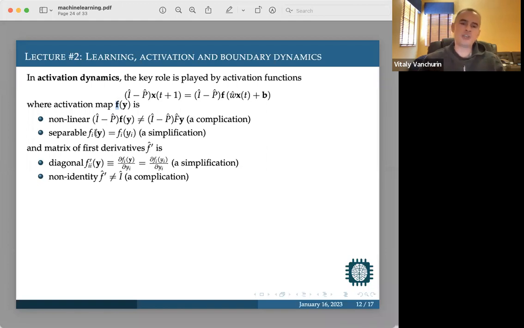Now, a simplification that we do is that we say it's separable, in the sense that out of all of the components of the input to this map, the respective f_i only applies to the respective y_i. So in general, it's vector in, vector out, but we want it to act separately on each of the components. That's a simplification.